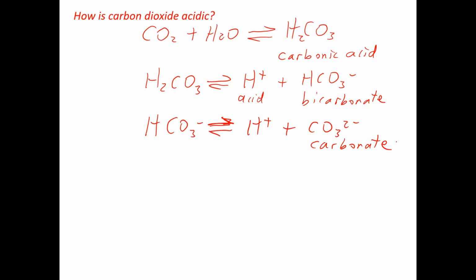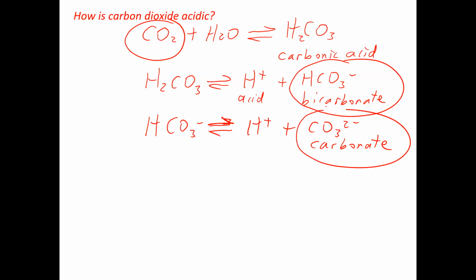For most practical purposes, and I'm not going to write this down because I'm running out of space, when we're looking at the acidity in water, we're looking at CO2, bicarbonate, and carbonate. Of course, bicarbonate and carbonate we could get from mineral sources such as calcium carbonate, for example. But we're looking at all three of those things.